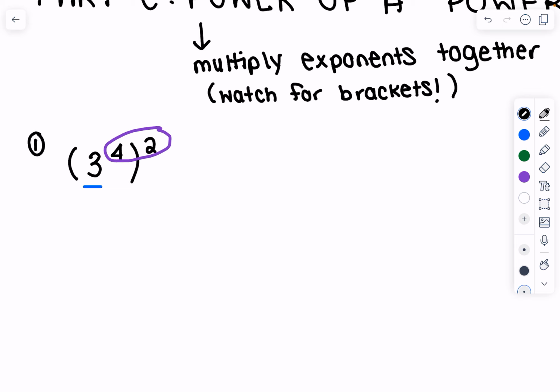But this is going to speed up the process a lot, especially if your exponents are quite large. So let me start by solving it. So we have 4 times 2 as our operation. Okay, and we get our answer of 3 to the power of 8.